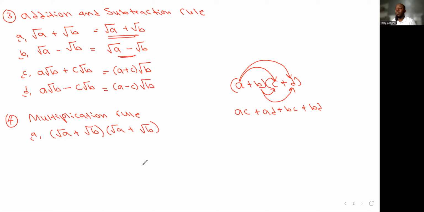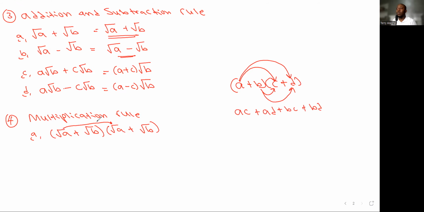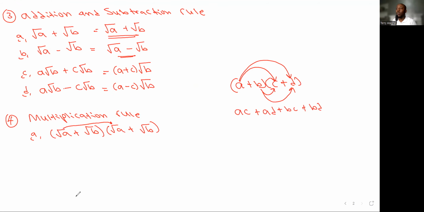For example, in this case, we have a value of root A and root B in this part here. It's going to be root A multiplied by root A. You already see it from the rule: root A multiplied by root A is going to give us A. So we're going to do that quickly.